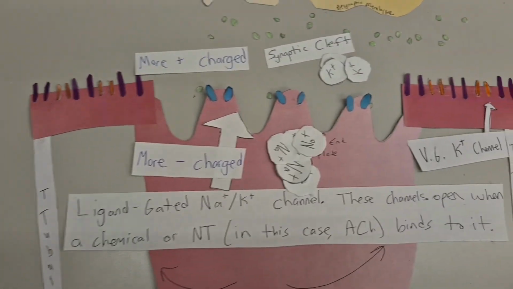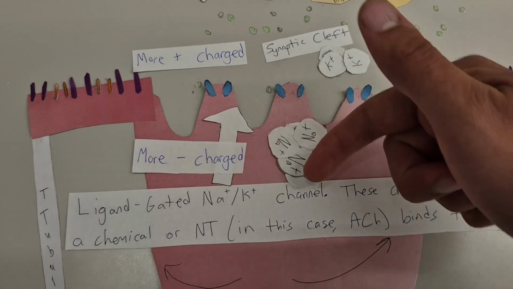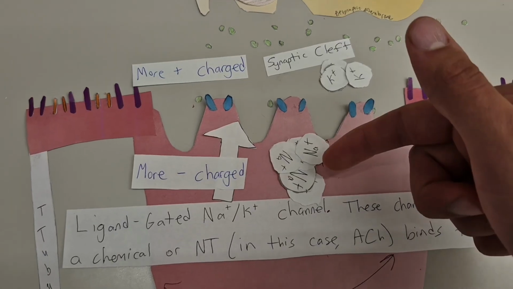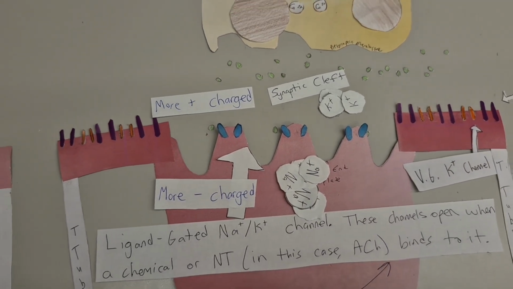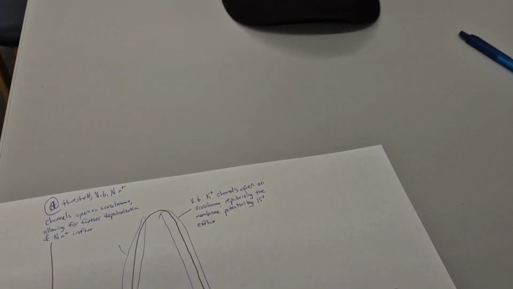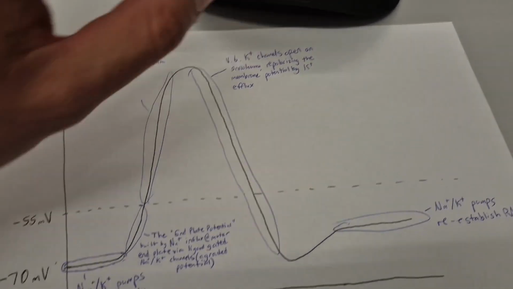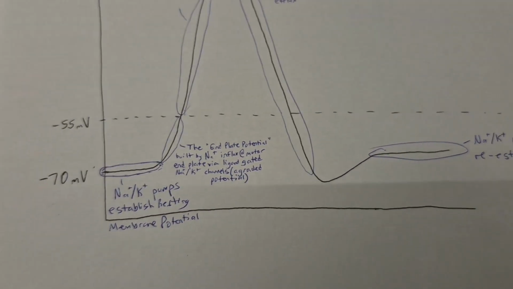However, the important thing to note is that sodium influx is going to be greater than potassium efflux. That is what creates the graded potential, which is called the end plate potential in this graph.